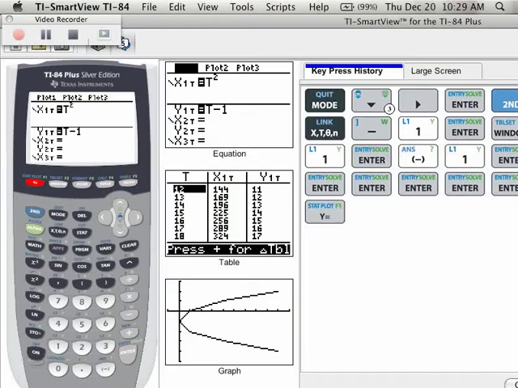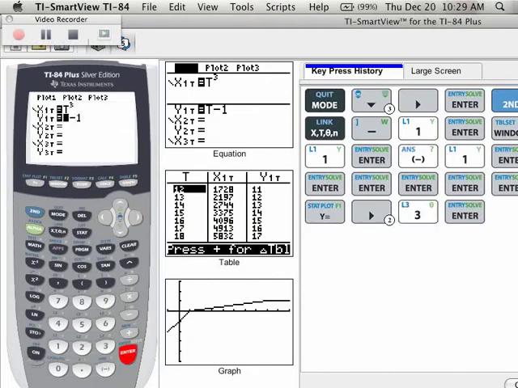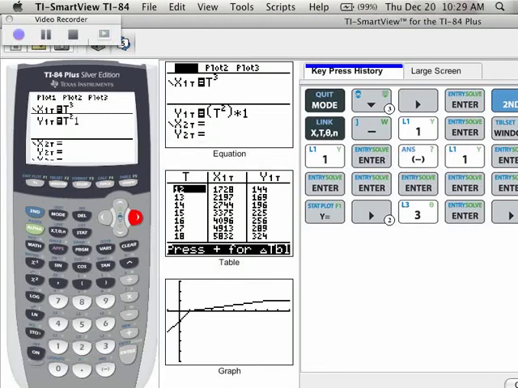So the first one was x cubed. And the second one was t squared. Correct? Right?